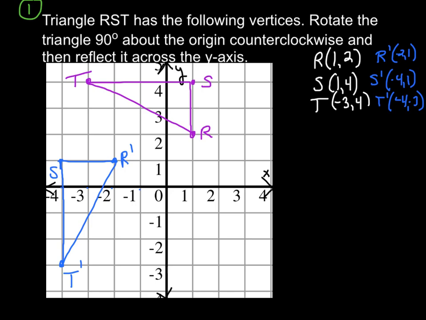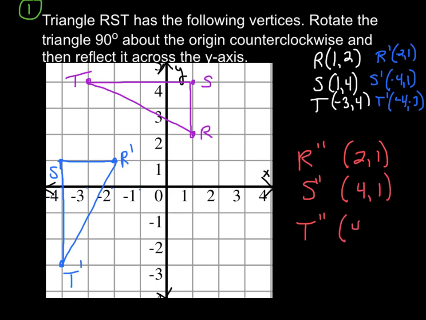Now I'm going to reflect it across the y-axis. So the y-axis becomes my line of reflection. And if I reflect it over the y-axis, remember, the x values change. So R double prime becomes 2, 1. S double prime becomes 4, 1.